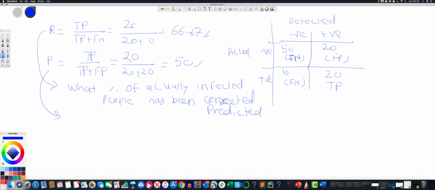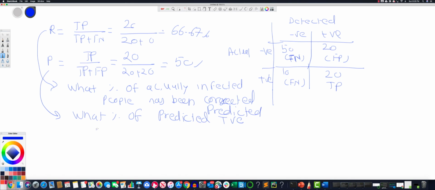And precision indicates what percentage of predicted positives are actually infected, right? So there's a very subtle difference, but it's important to understand the difference between precision and recall.